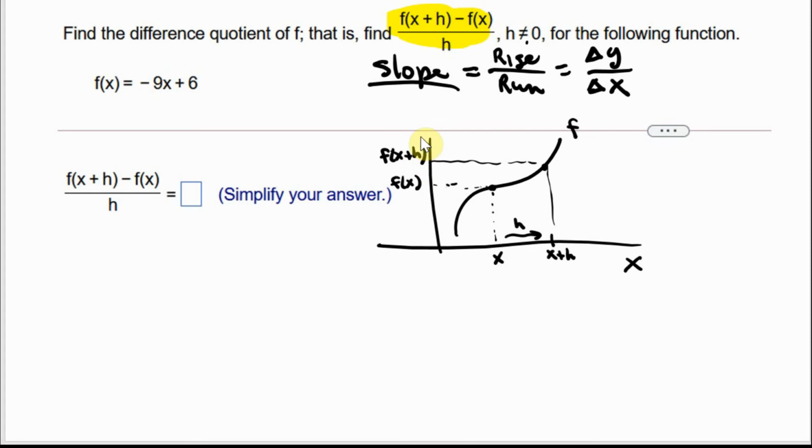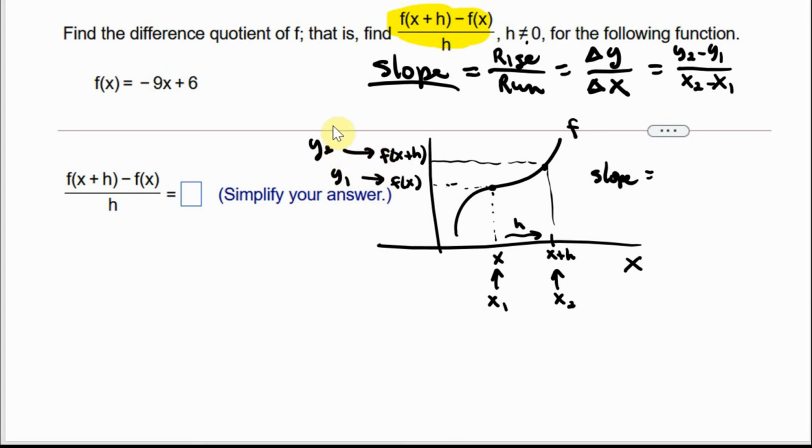Right. Now you remember the slope. We said that it's the rise over the run, that is the change of y with respect to the change of x. So we talked about y sub 2 minus y sub 1 over x sub 2 minus x sub 1. Theoretically, this is x sub 1, this whole guy right here is x sub 2, this is y sub 1, and this is y sub 2.